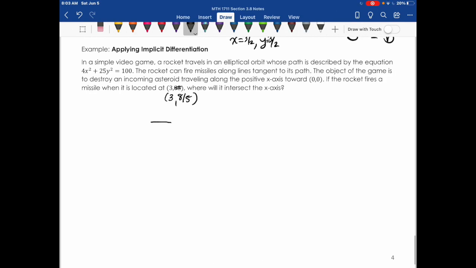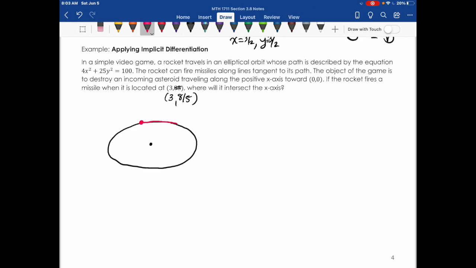So you have an ellipse, and it has a center of 0, 0. And this rocket is traveling around the path of the ellipse. And as the rocket travels and it fires its missiles, wherever that point is, that rocket is on the elliptical path.